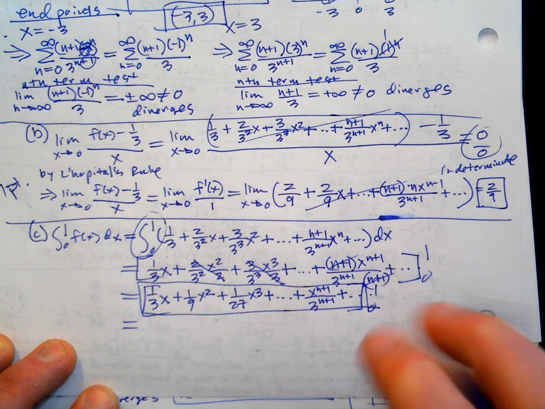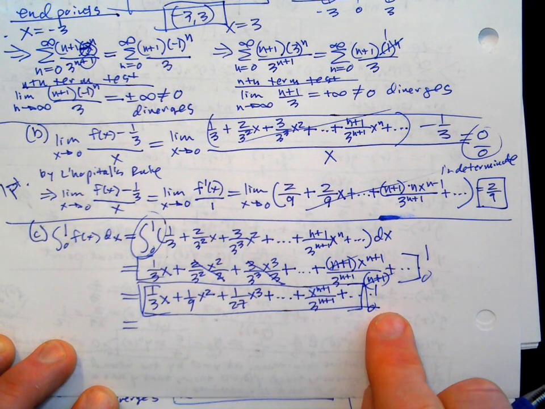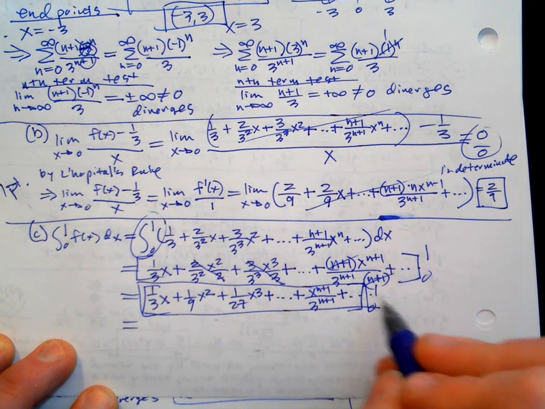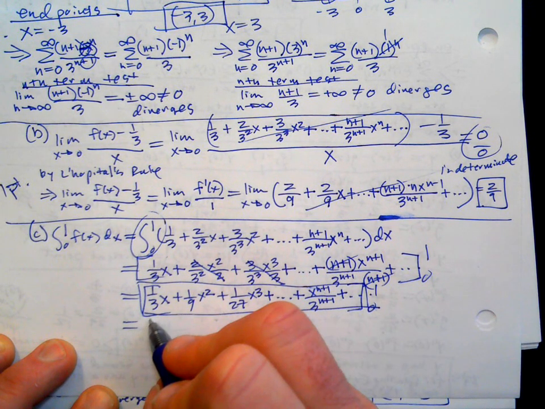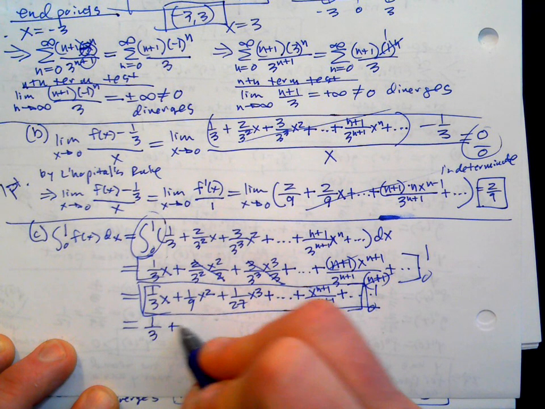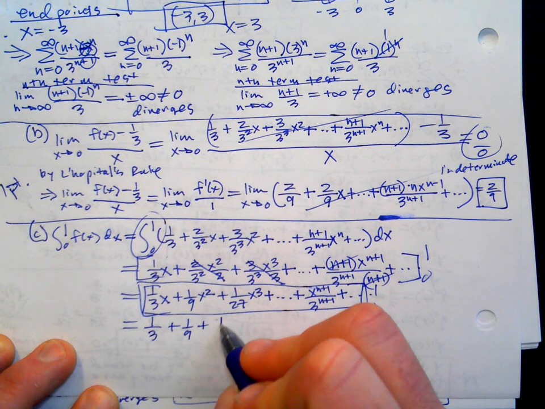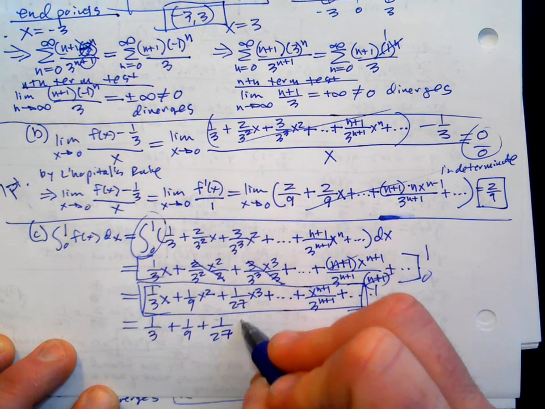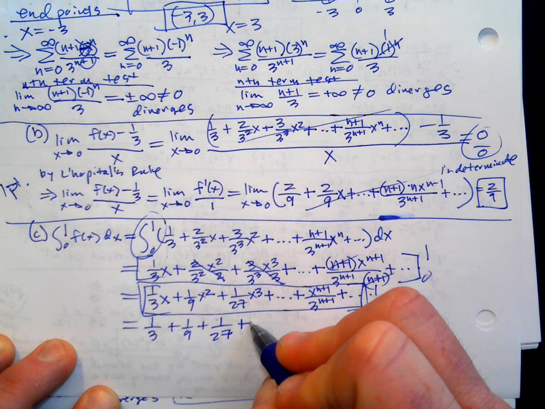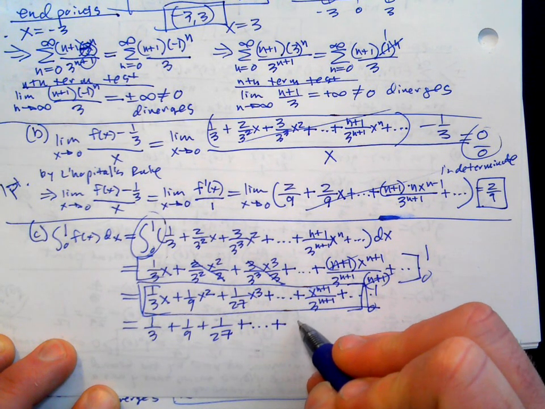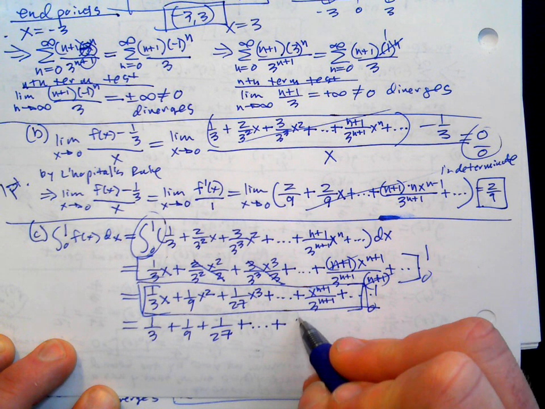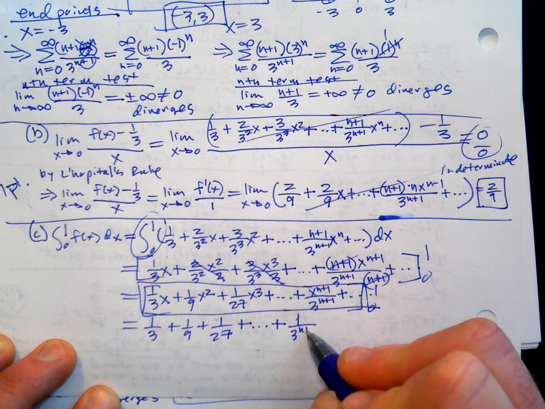If it was 0 to x, this is what we would get. But when we plug 1 in and 0 in, you plug 0 in, all the terms drop out. So you're just going to plug 1 in. It's going to be 1/3 plus 1/9 plus 1/27 plus dot dot dot plus 1 to the n plus 1 over 3 to the n plus 1 plus dot dot dot.